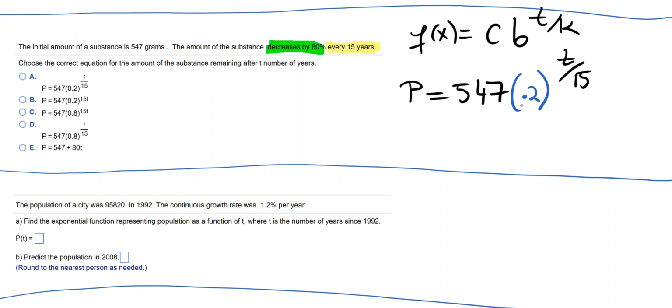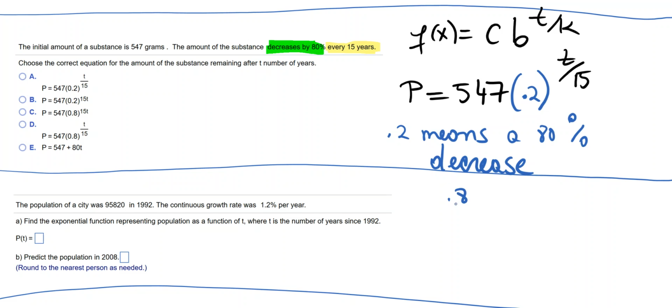Okay, 0.2 means, so 0.2 means an 80% decrease. If you put 0.8 in there, 0.8 would mean a 20% decrease.